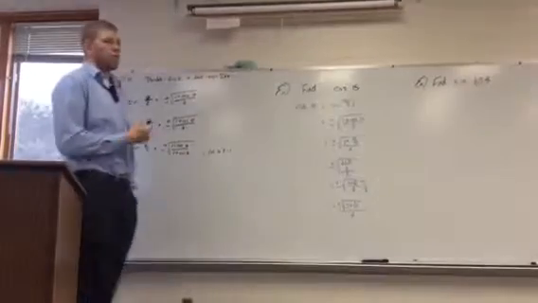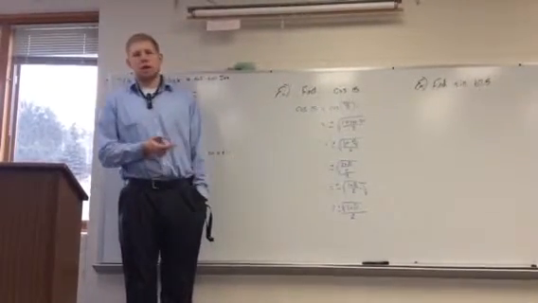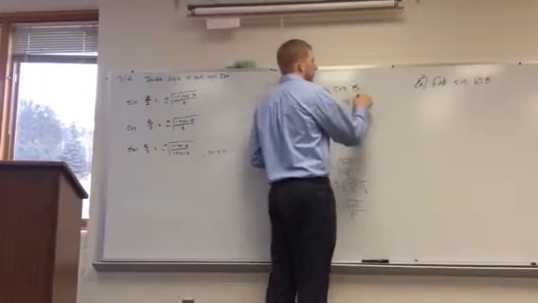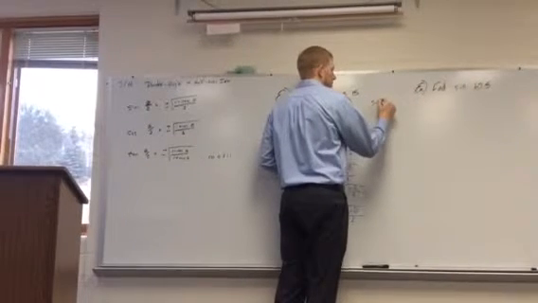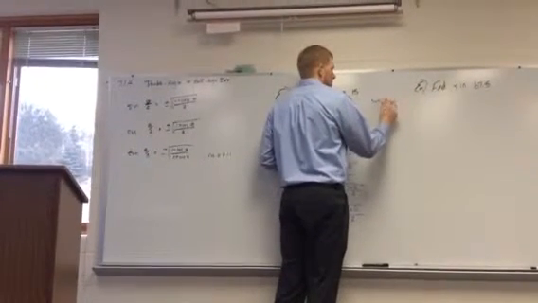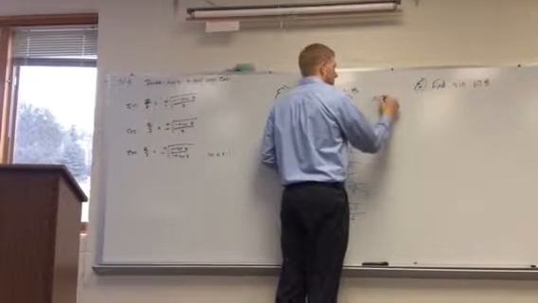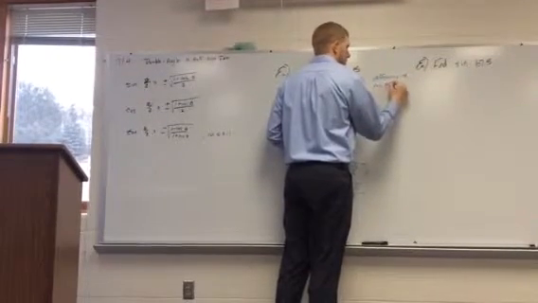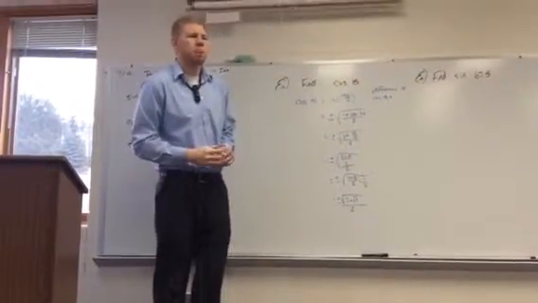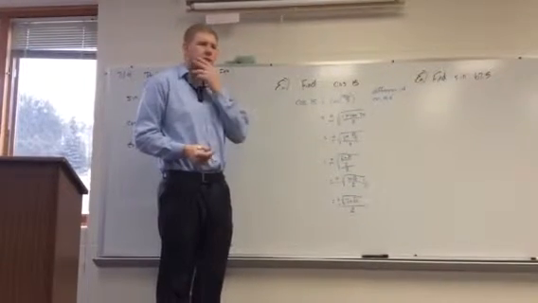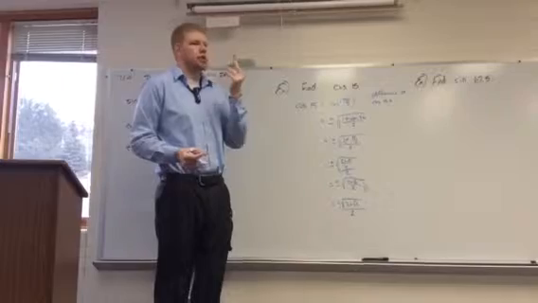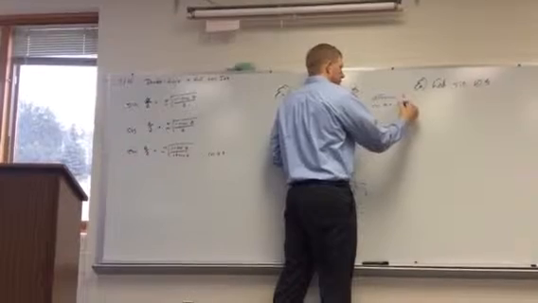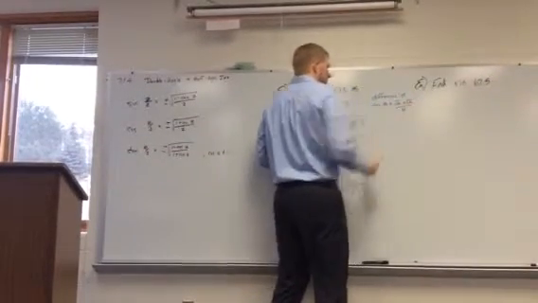Now, we did this yesterday. And when we did this yesterday, I got cosine of 15 to be, the final answer, square root of 6 plus square root of 2 all over 4.